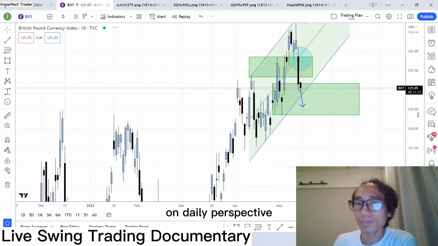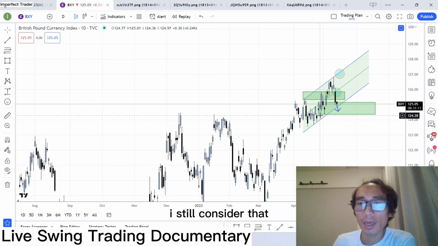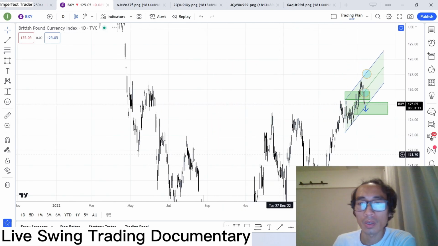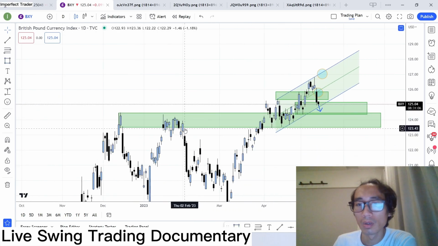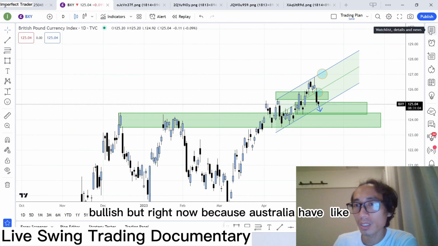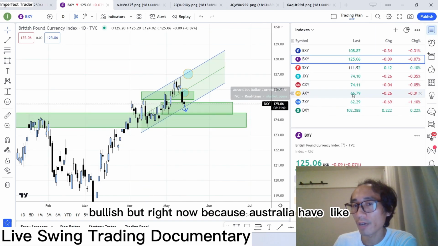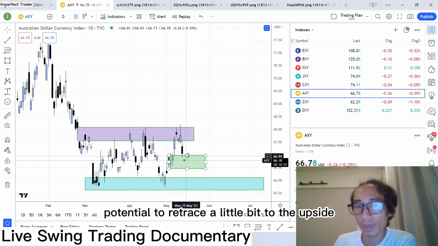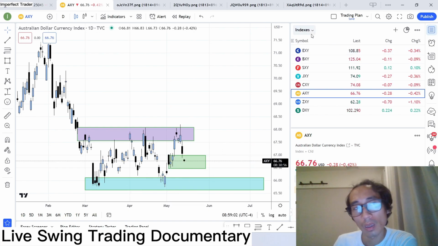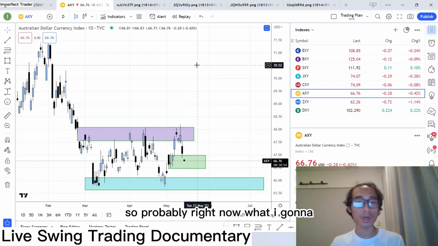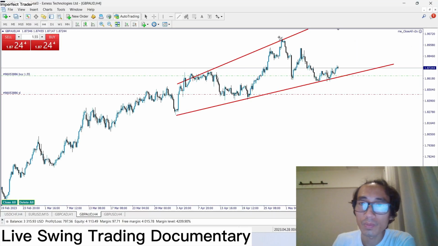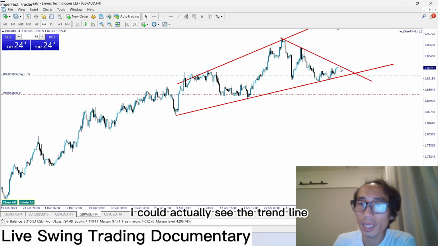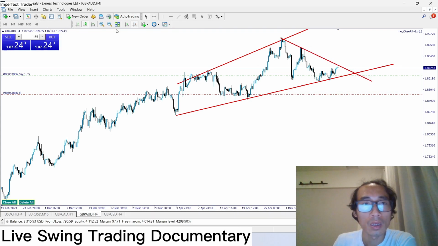On a daily perspective, I still consider GBP is still bullish. But right now, because Australia has potential to retrace a little bit to the upside, probably what I'm gonna do, if I measure, I can actually see the trend line has some kind of rejection right now.